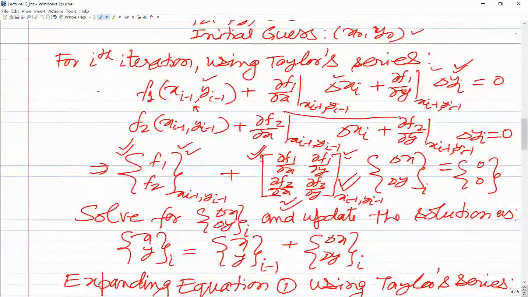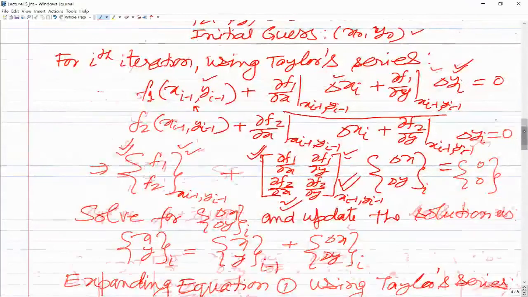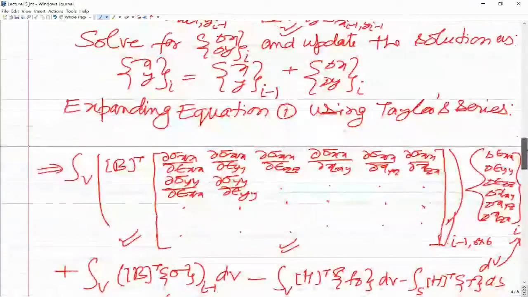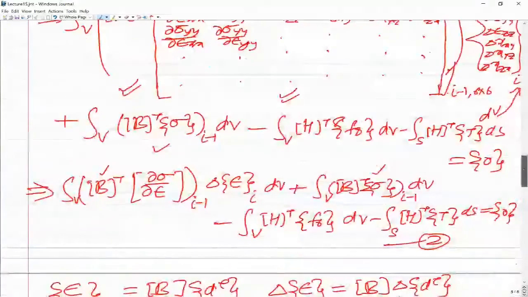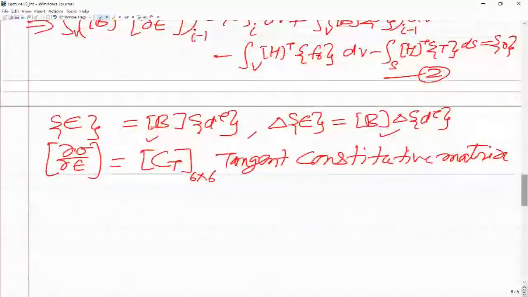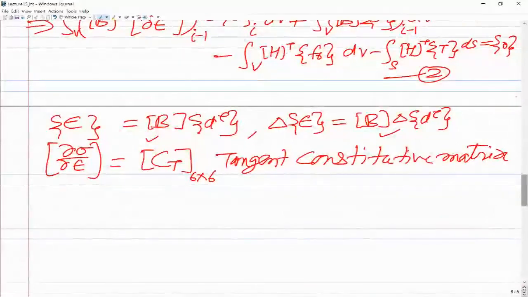Same thing we are doing with this element level governing equation. So finally you will get linear equations in the incremental displacement, which can be solved easily. That is why we are considering just two terms.